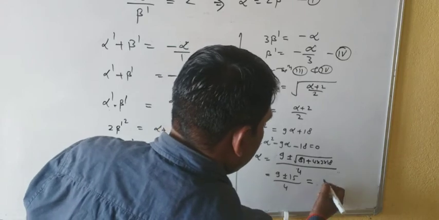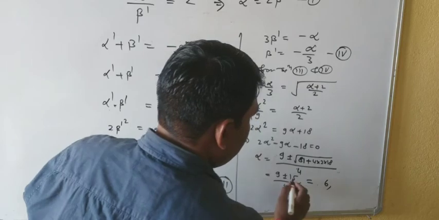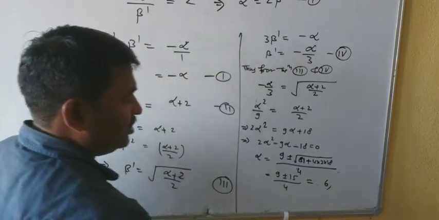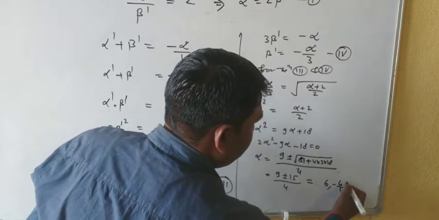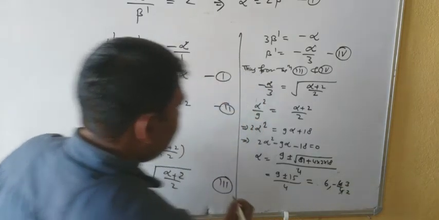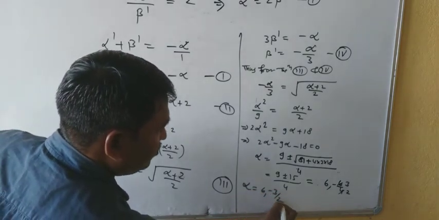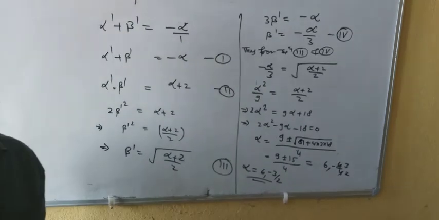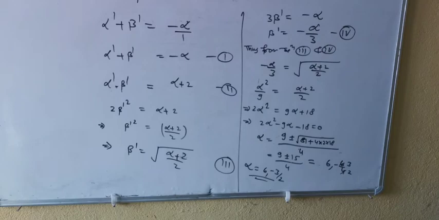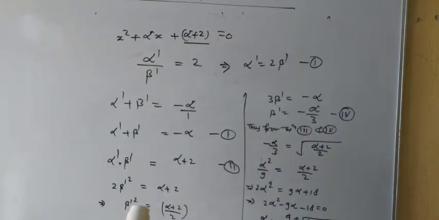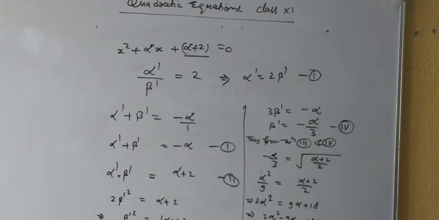Now if we take the plus sign, we get 6, and if we take the minus sign, then 9 minus 15 is minus 6 by 4, which is minus 3 by 2. So your values of alpha are 6 or minus 3 by 2. This is your answer. Okay, in this way you can solve the questions from exercise 10th C. Thank you so much.